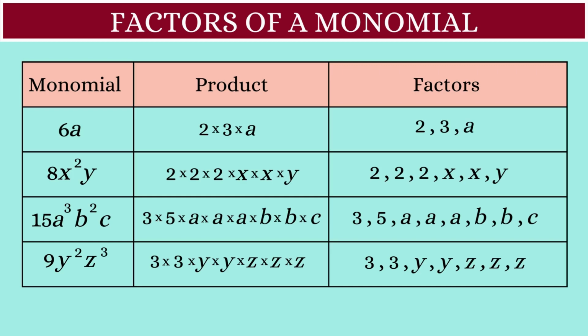With this understanding, let's move to find the GCF of 2 or more monomials. First example, let's find the GCF of 6a and 12a square.